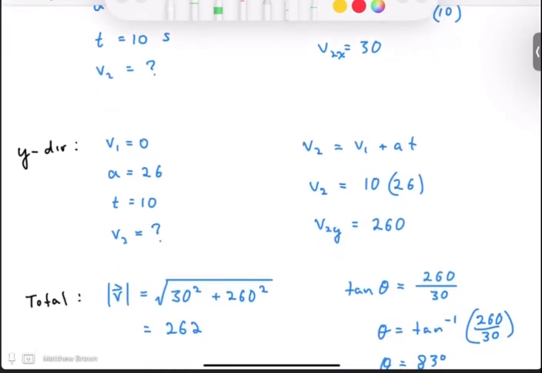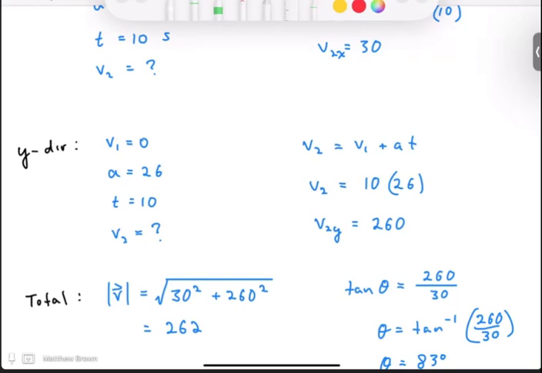Then I can look at the y dimension independently all by itself. Initially, she's traveling just to the west, so the y, which is the north-south direction, has a velocity of 0 initially, but is accelerating at 26 meters per second squared in that direction.